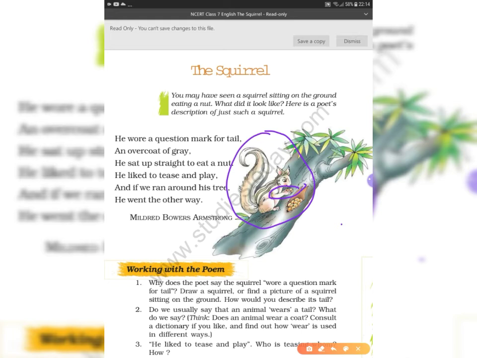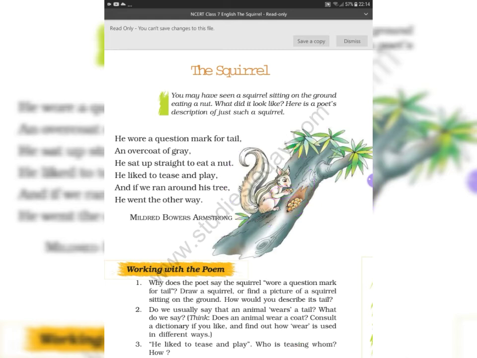Yes, this one, how lovely it looks, right? It eats the nut exactly as we eat our corn, right? So that is the way a squirrel has been represented here.